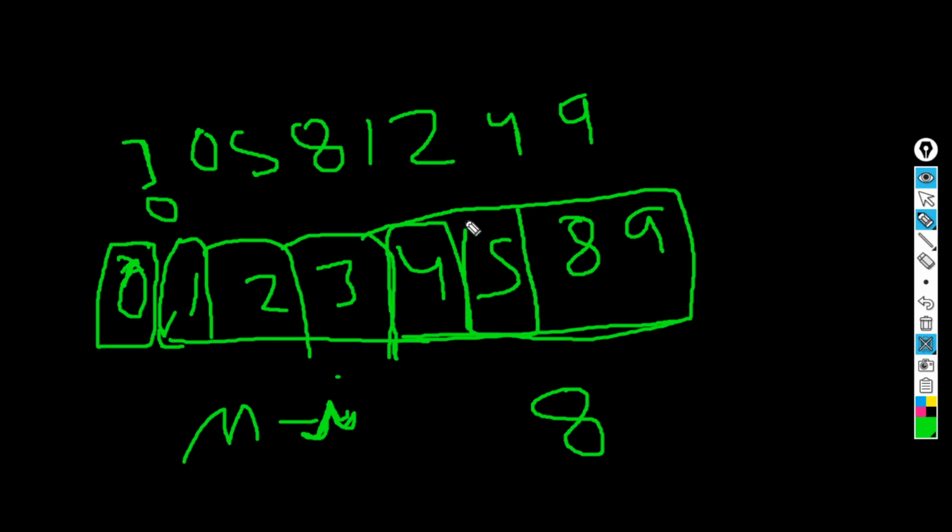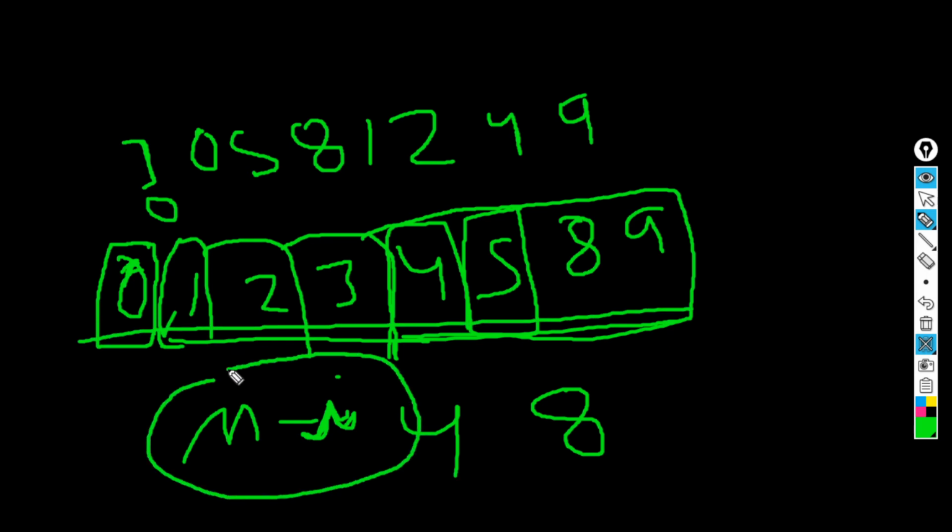For 5 it is not correct, because we have only 2 elements, so our answer in this case is 4. Let me tell you what I am doing: first I sort, and then whenever n minus i is less than or equal to the value, we print that number. In this case the condition becomes true at 4, and that is our answer.